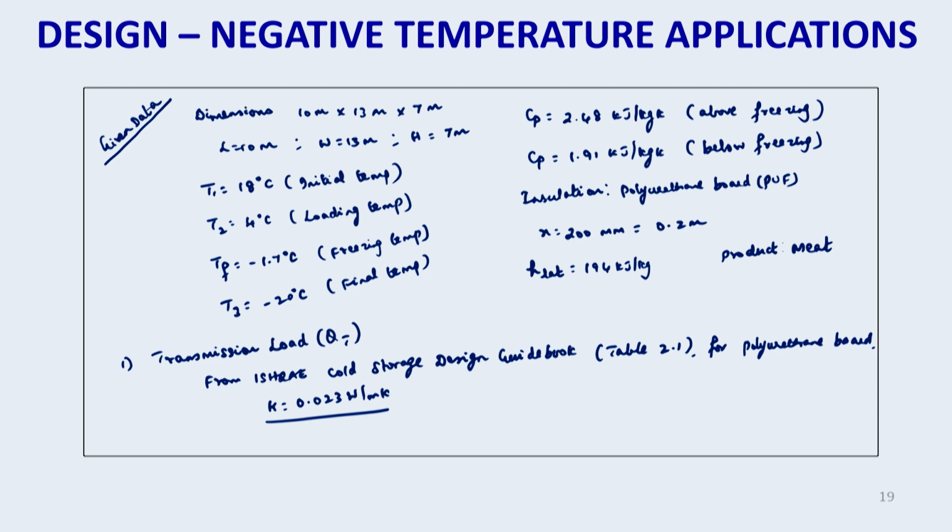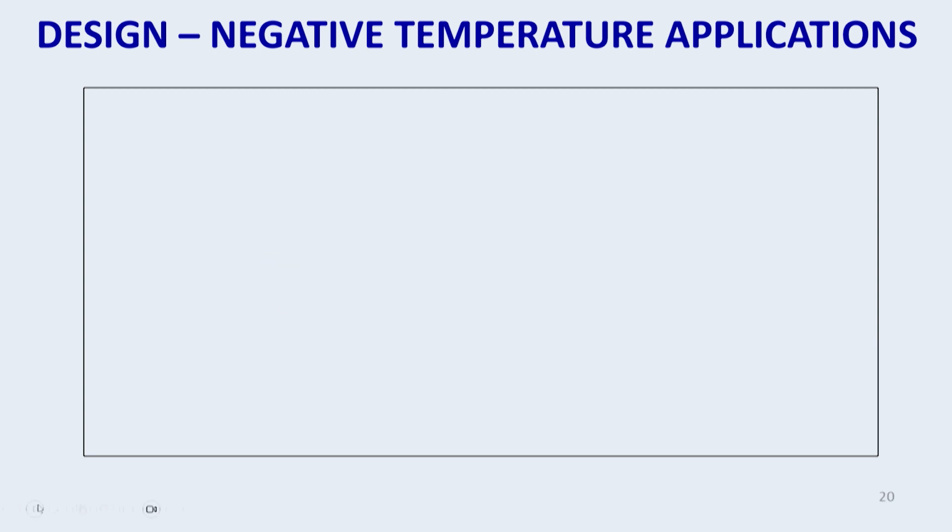Once we know the K value, the dimensions of the room and the thickness of the insulation, we can estimate the transmission load. Therefore, QT is equal to U into A into delta T. U is K by X, into A into delta T. A will be 2 into (length into width plus width into height plus length into height) into delta T. Let us substitute the values.